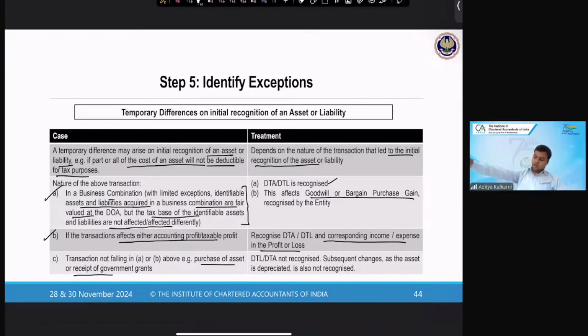A temporary difference may arise on initial recognition of an asset or a liability.